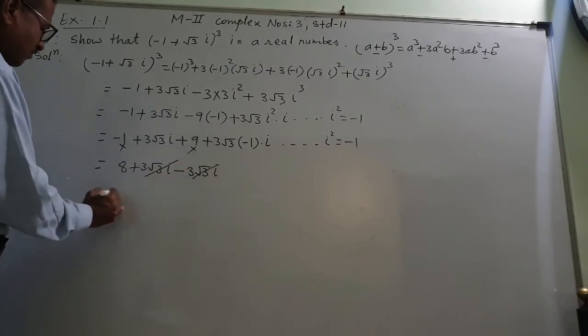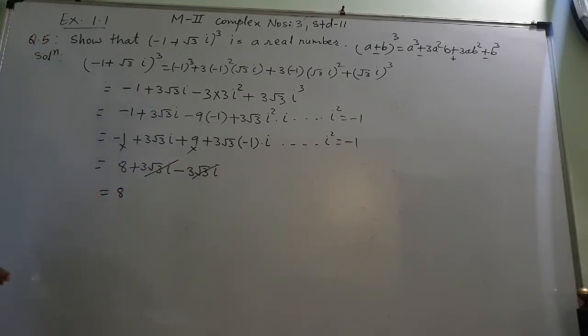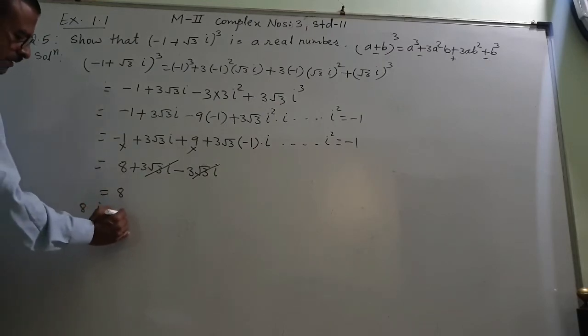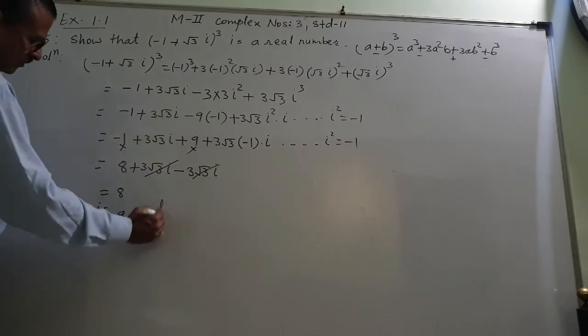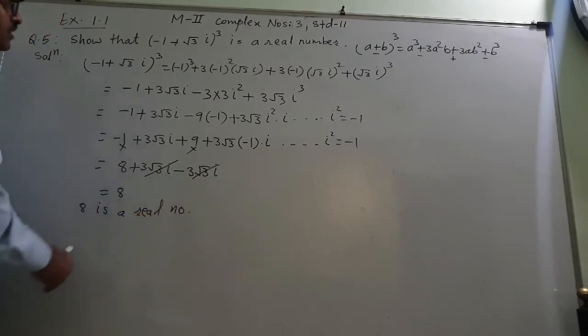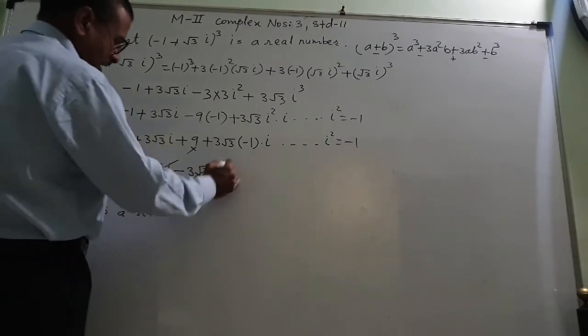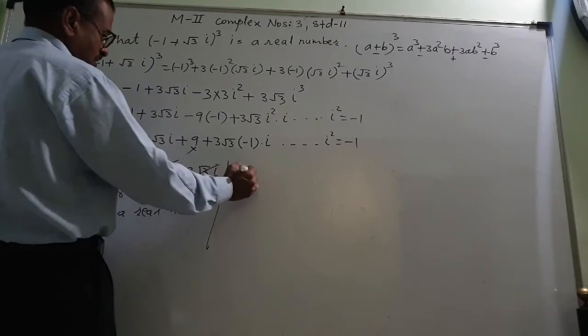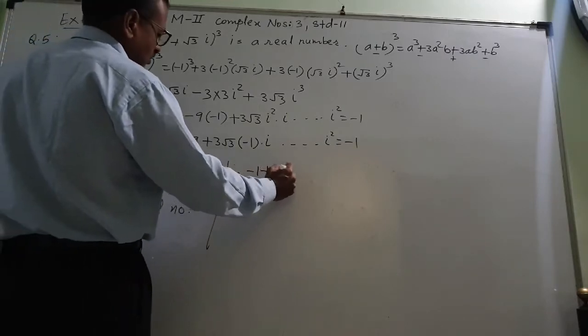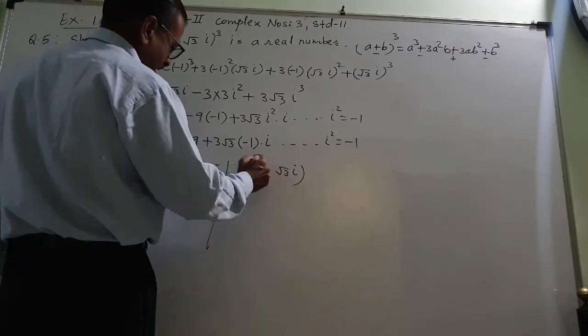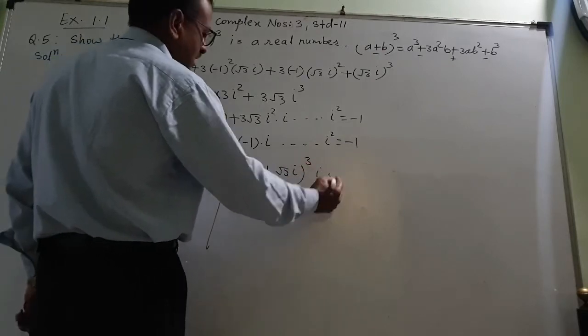And the answer has come 8. 8 is a real number. Therefore, (-1 + √3i) cubed is a real number.